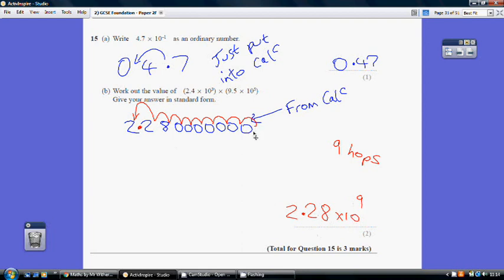We know the power is going to be positive, because this is a big number, and then the power is just how many hops the decimal point goes from where it's really starting, which is right at the end, to being between the 2 2's. How many hops is that? 1, 2, 3, 4, 5, 6, 7, 8, 9 hops. So it's 2.28 times 10 to the 9, and again you can check that answer on your calculator by popping that in and pressing equals.